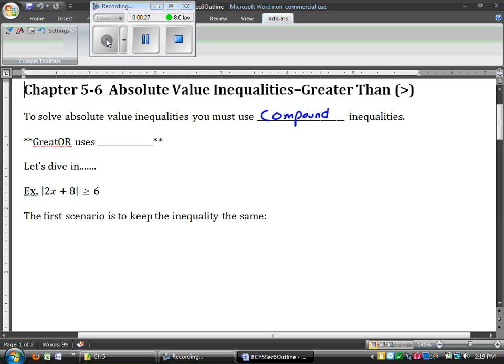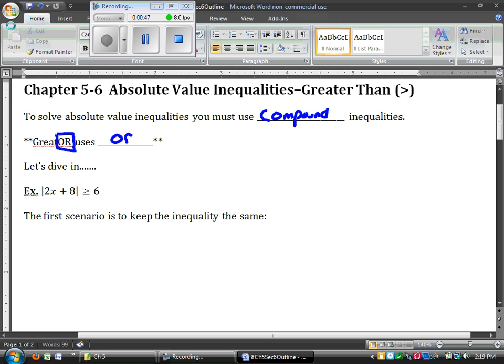Last time we talked about less than using and. This time we're going to talk about greater using or. Notice the capitalization. Greater uses or. Not a whole lot of discussion here. Let's just dive into our first example.